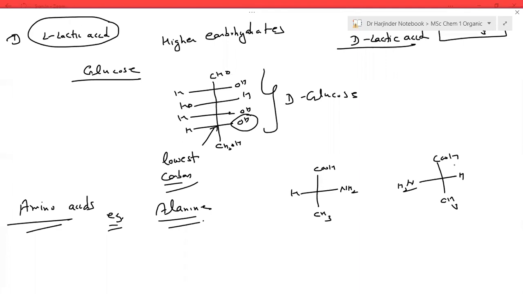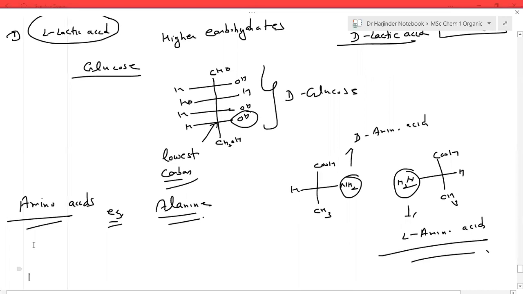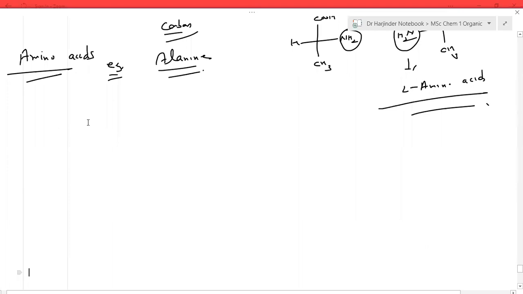NH2. If the NH2 group is present on the right side, it will be called a D-amino acid. If it is present on the left side, it will be an L-amino acid. And in the case of amino acids, the standard reference compound that is used is serine. So what is serine? This molecule.